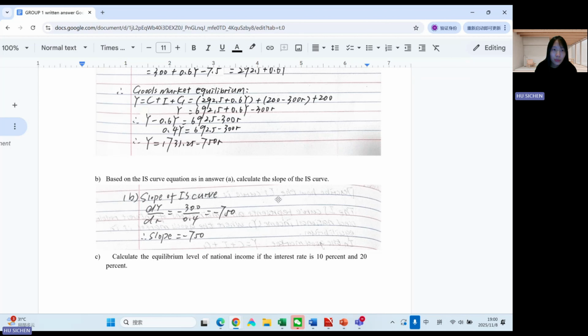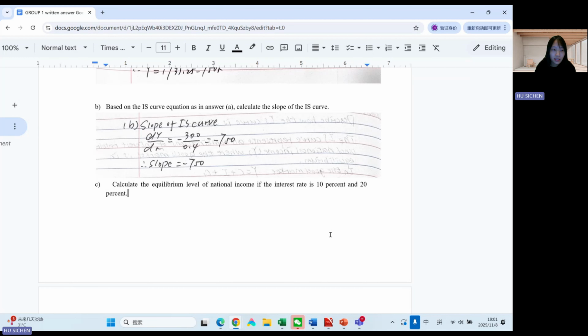Now we look at question B: based on the IS curve equation in answer A, calculate the slope of the IS curve. We can simply get dY over dR equals minus 300 over 0.4 equals minus 750. So the slope is minus 750, which shows that when the interest rate increases by 1 unit, equilibrium income falls by 750 units. This negative relationship confers the downward slope of the IS curve.